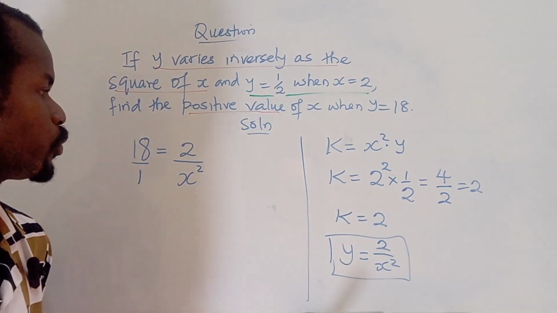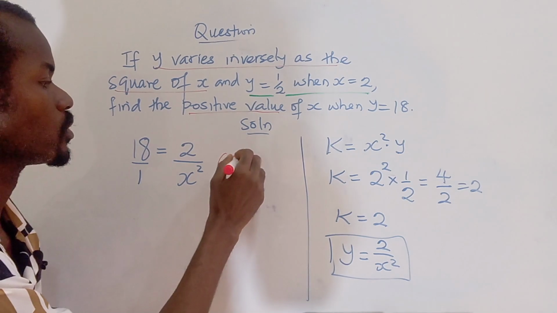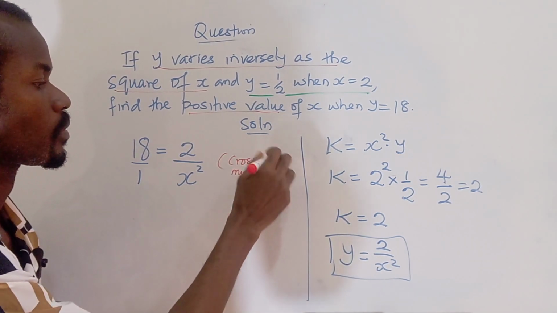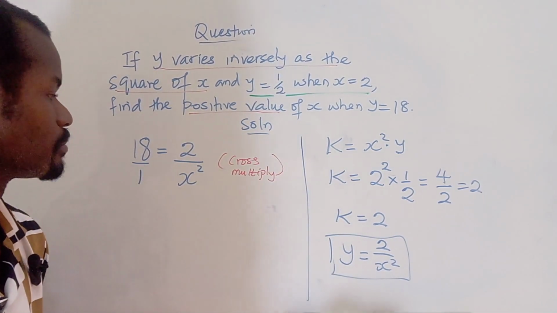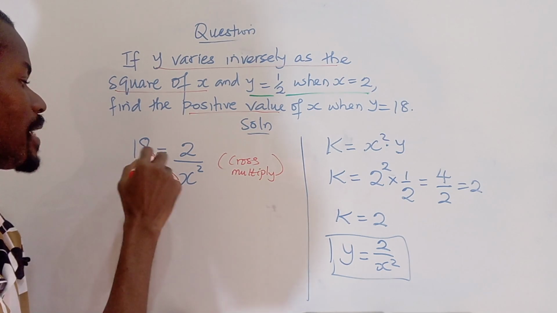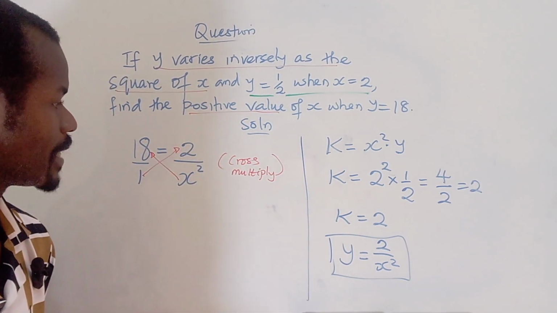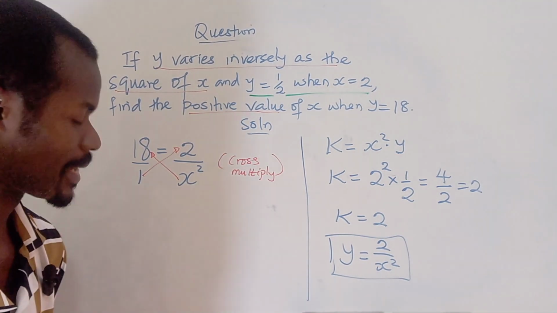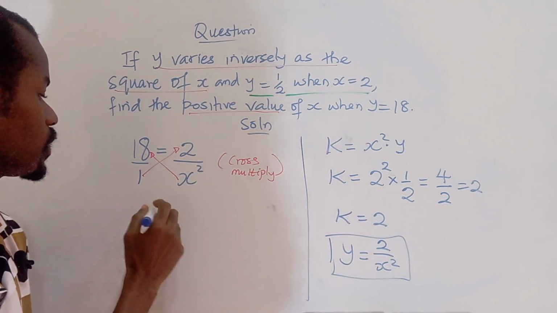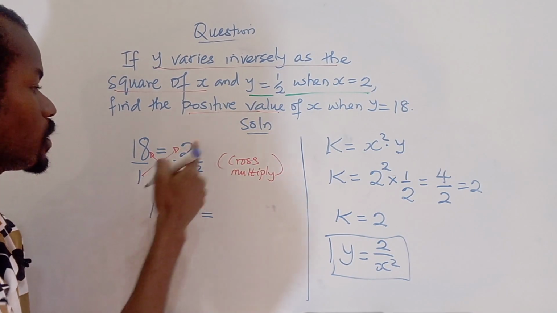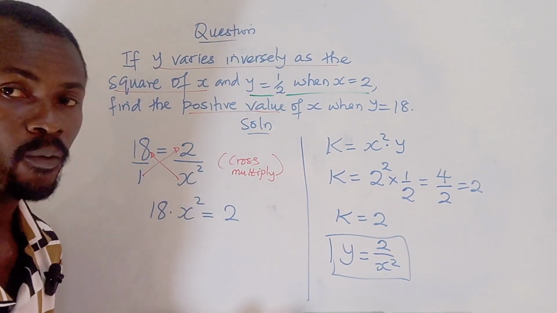Then at this point, we can simply cross multiply. What that means is x squared is going to multiply 18 and 1 is going to multiply 2. So we have 18 times x squared, which is equals to 1 times 2, which is still 2.